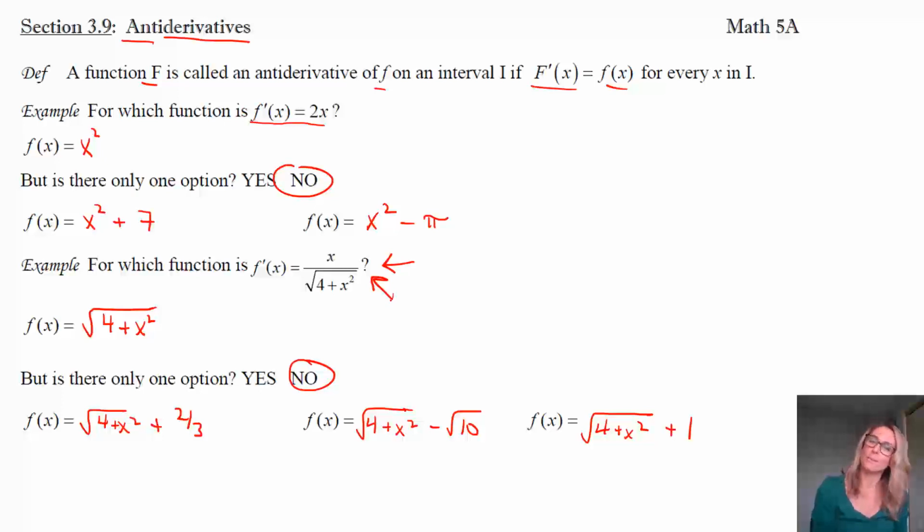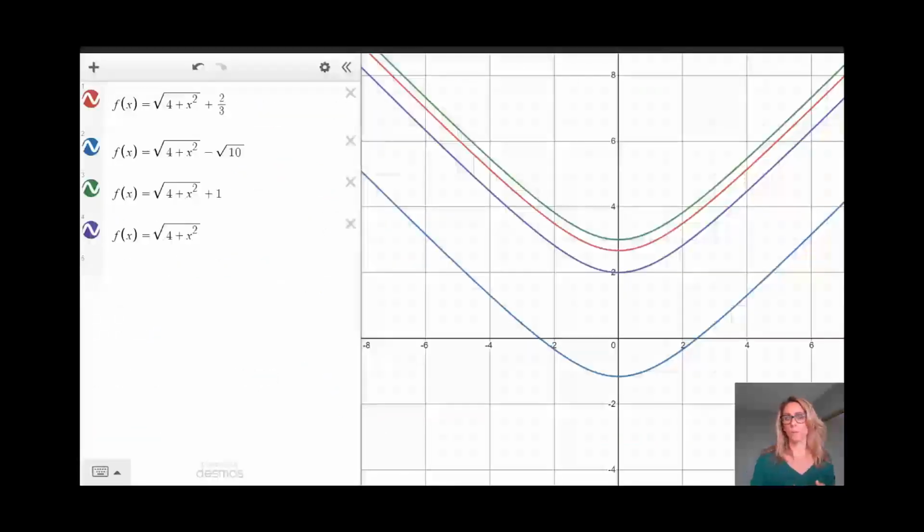But that does mean something a little bit different for us than when we took derivatives. What you're seeing on the screen here, on my second monitor, is Desmos. You are seeing the square root of 4 plus x squared with different constants at the end, the different constants that we found as examples for the antiderivative.